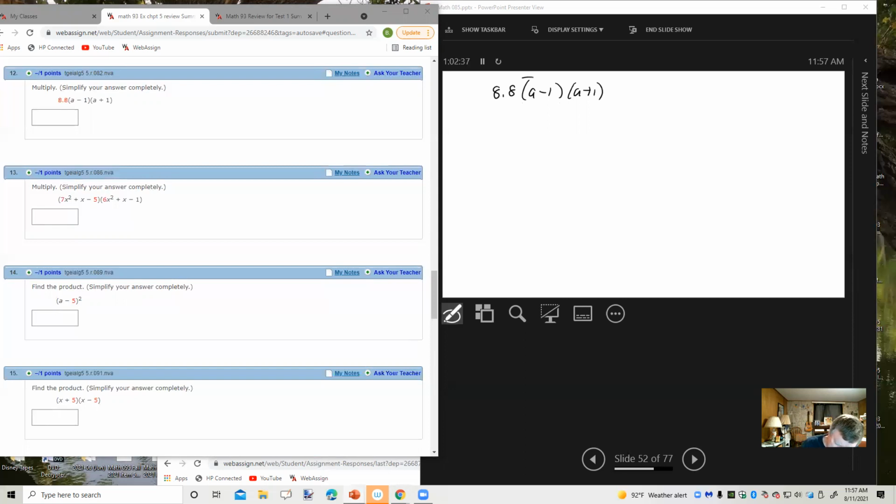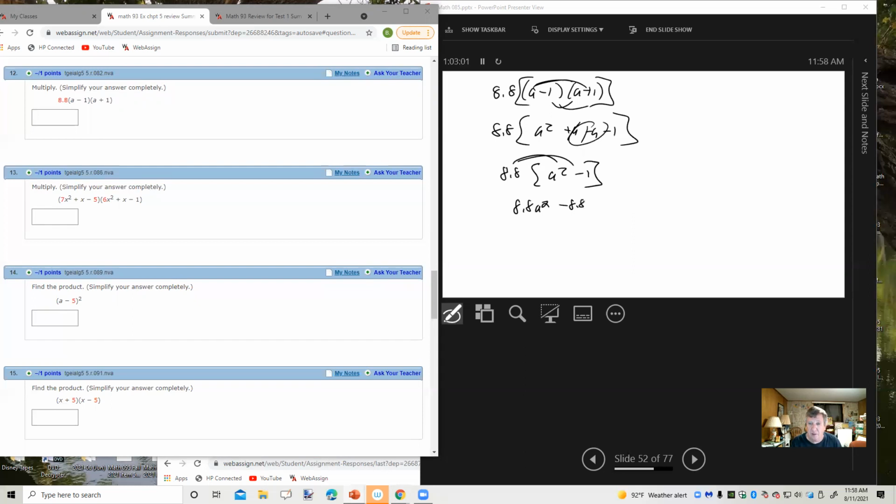I'm going to do these two first because that is the difference of two squares. So then we get 8.8a squared minus 8.8, because those middle terms, when we FOIL, cancel out.